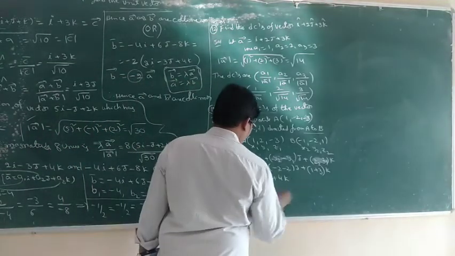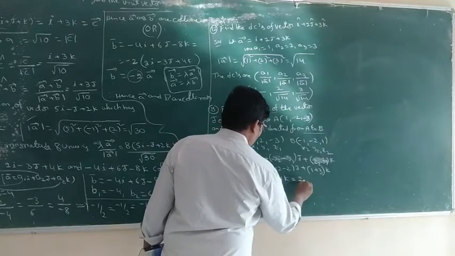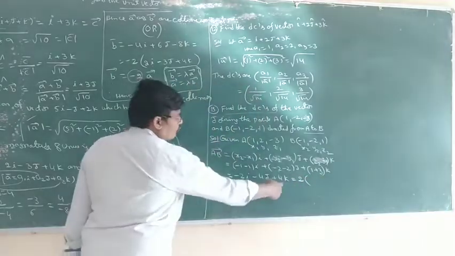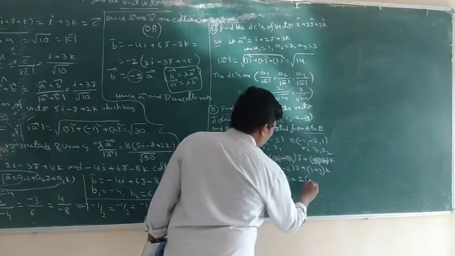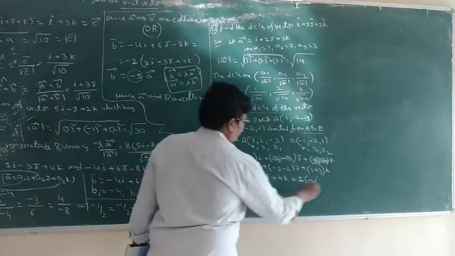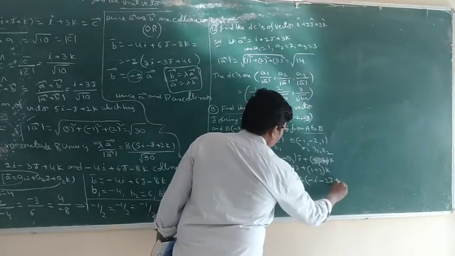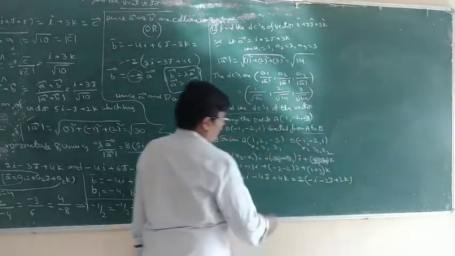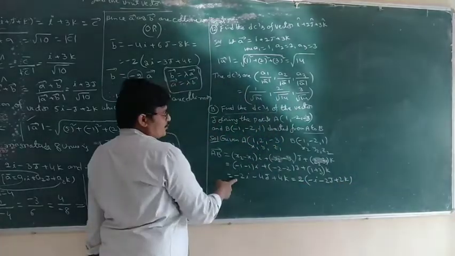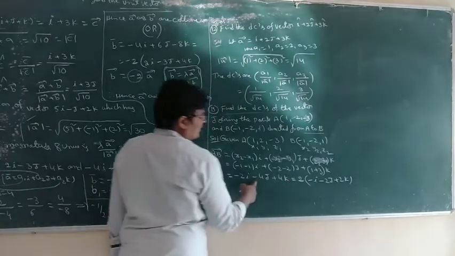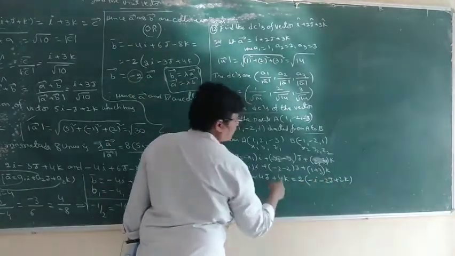In the vector, 2 common, meaning -i minus 2j plus 2k, that is 2 into -1, -2, 2 into -2, -4, 2 into 2, 4.